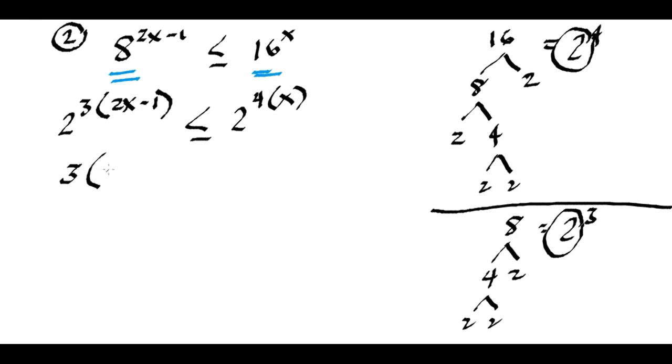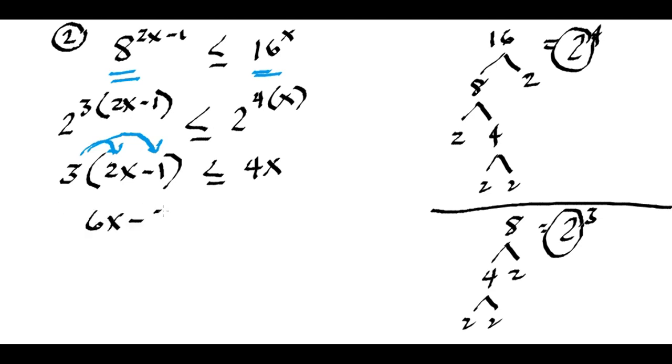So, we have 3 times 2x minus 1 is less than or equal to 4x. So, distributive multiplication sa left side. So, we have 3 times 2, we have 6x minus 3 is less than or equal to 4x.